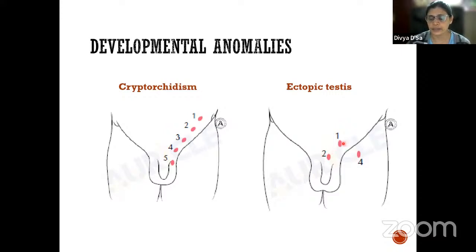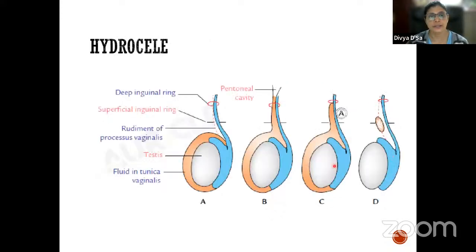So when it has descended, but not to the scrotum, but is instead seen either in the groin region, that is near the upper part of the thigh, or near the pubic bone, or in the abdomen level in the upper part, we call it the ectopic testis.